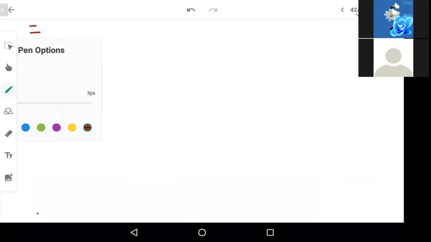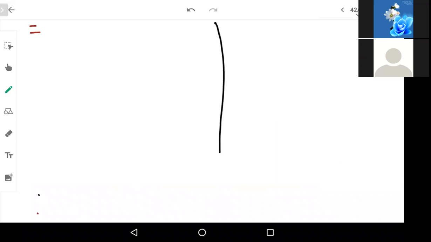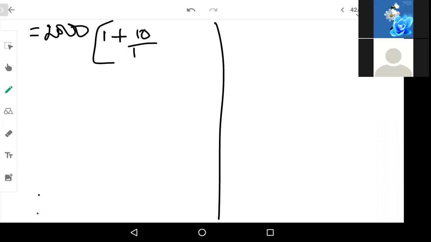So let us divide this page into two halves so we can use it for the calculations. So here 2000 into 1 plus 10 by 100 to the power 2 minus 2000. 2420. Good, Gauri.